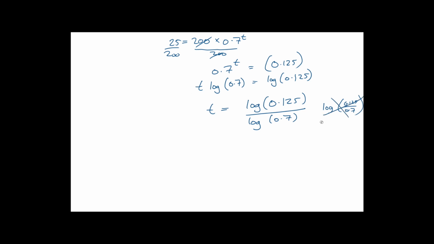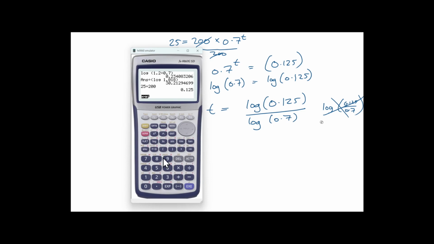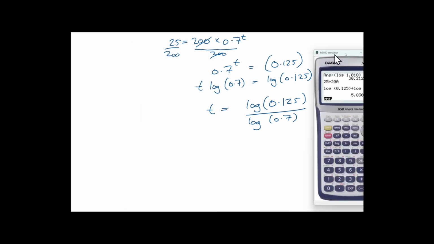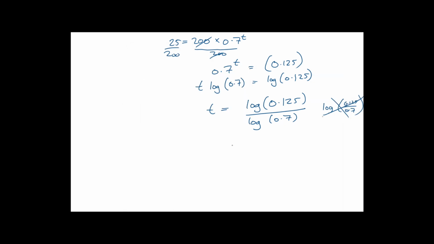Then we will grab our calculator. So log of 0.125 divided by log of 0.7 equals 5.83. 5.83 hours.